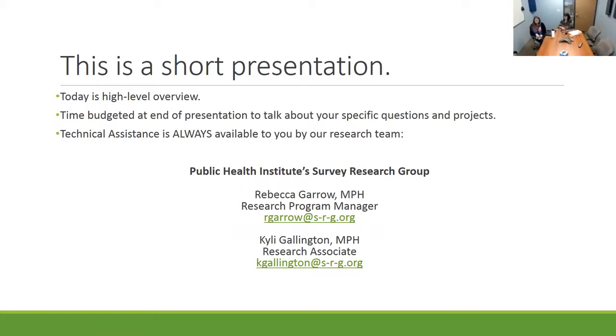This will also be an opportunity for those of you that have used these public use data resources or other ones to share about how they've been beneficial or challenging to your programs. And just a reminder, technical assistance is always available to you from our research team. We are happy to help you locate data sources and provide advice on how to use data moving forward to inform your programs and outcomes.